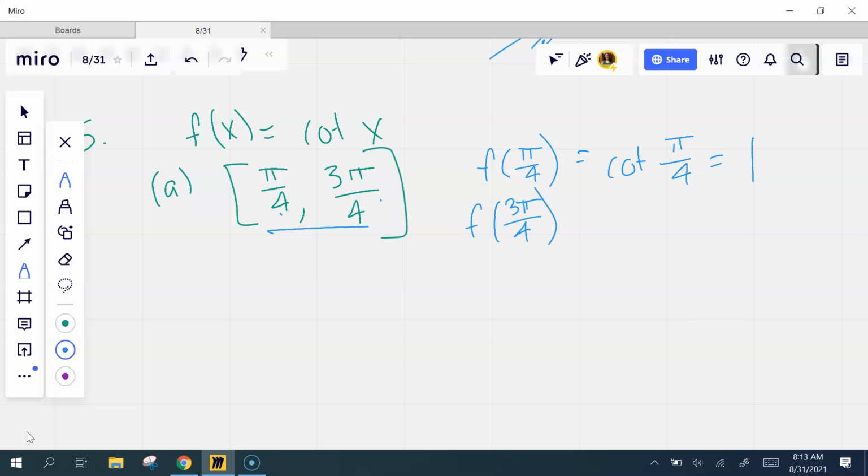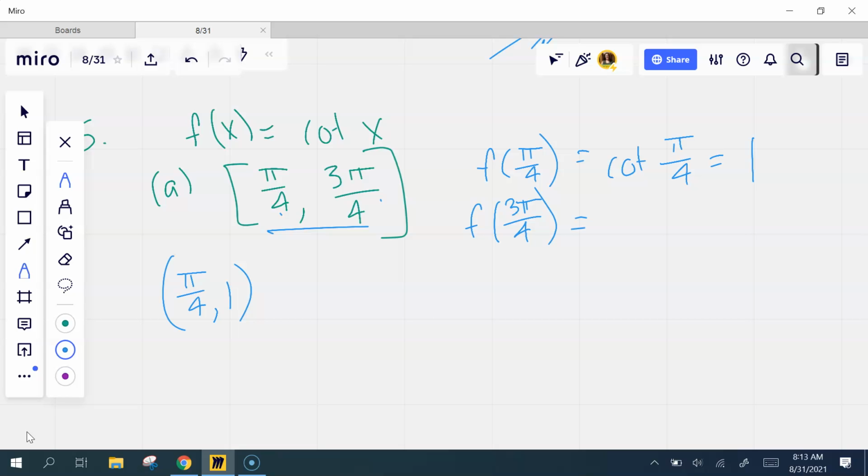So at pi over 4 it is root 2 over 2, root 2 over 2, right? Divide anything by itself. That's your y value. So this point is pi over 4, 1. Now I'm going to find the y value of this one.